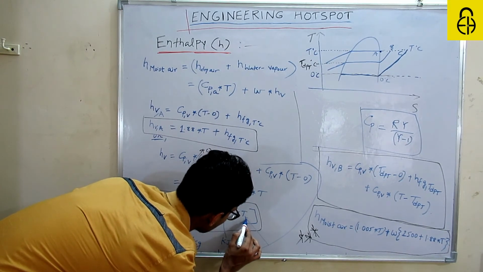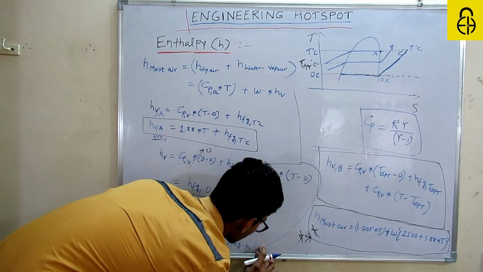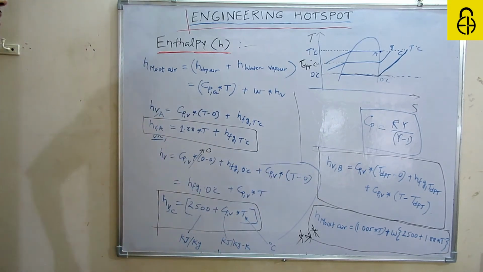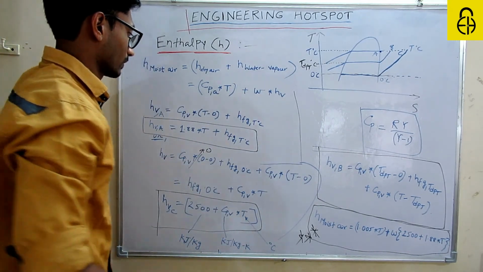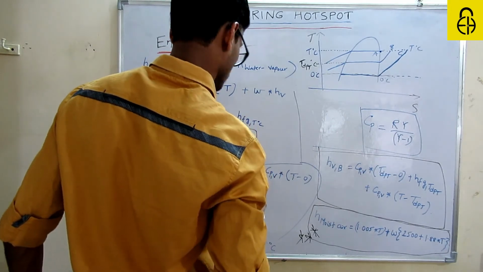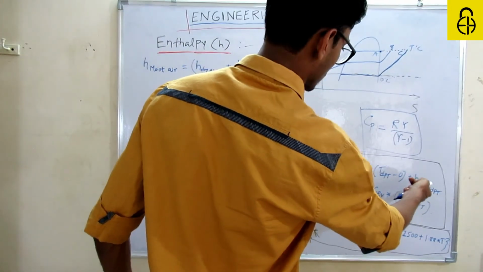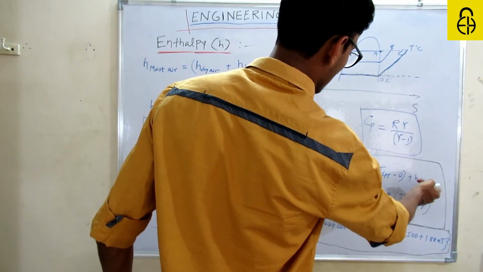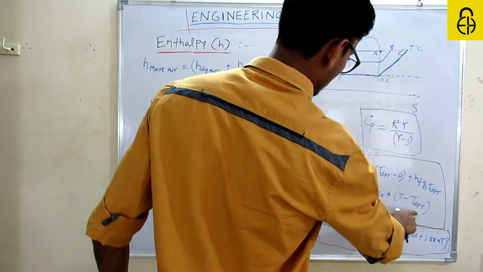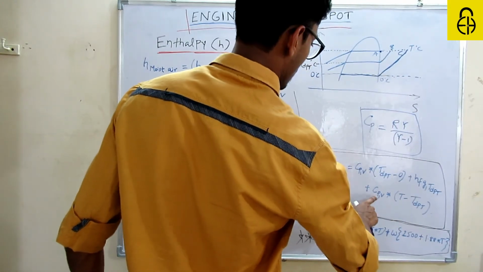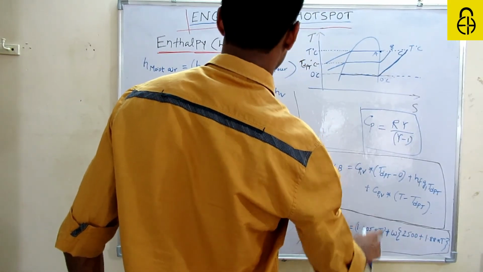Directly put temperature in degrees Celsius. Don't try to take it in Kelvin, okay? Directly put in degrees Celsius. Here also, this is in kilojoule per kg. This is in degrees Celsius. And this is in kilojoule per kg.